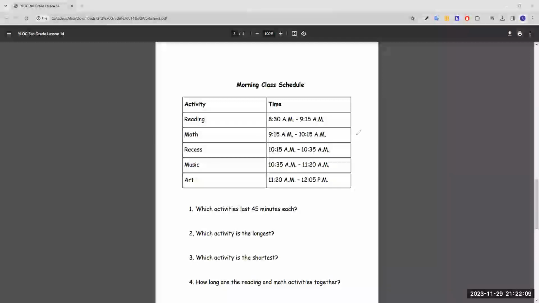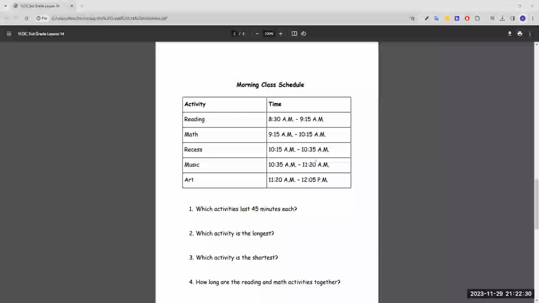Now, recess. Let's try recess to see if recess lasts 45 minutes. And after subtracting it, we see that recess only lasts 20 minutes. So math and recess don't work. Now music.